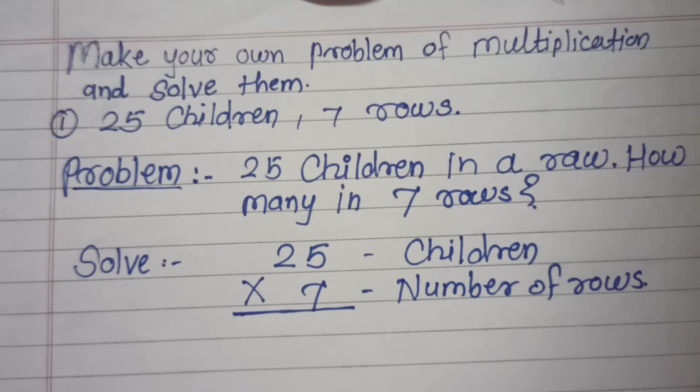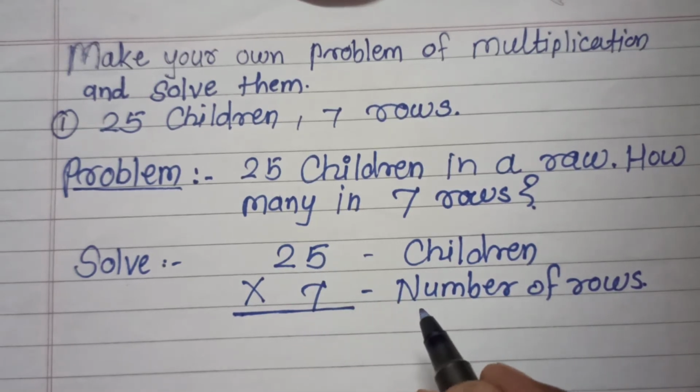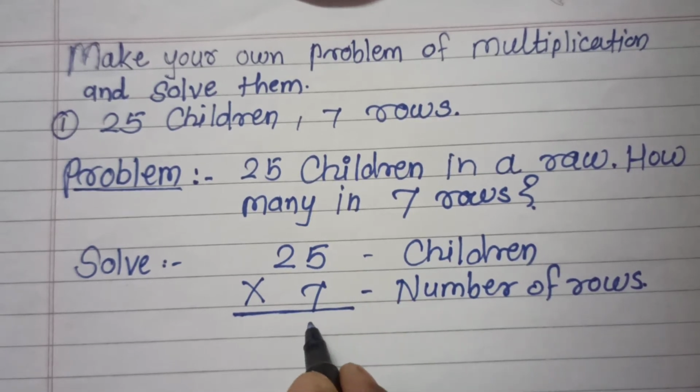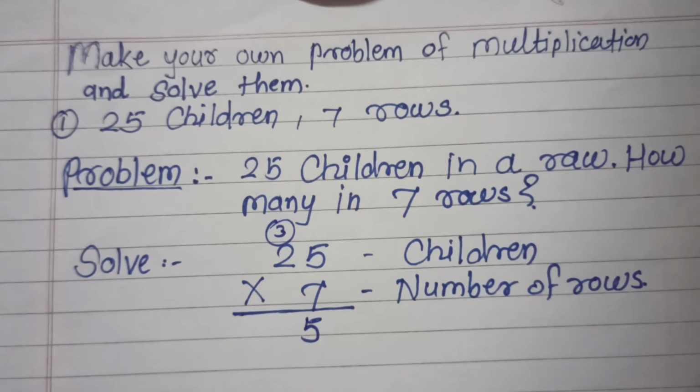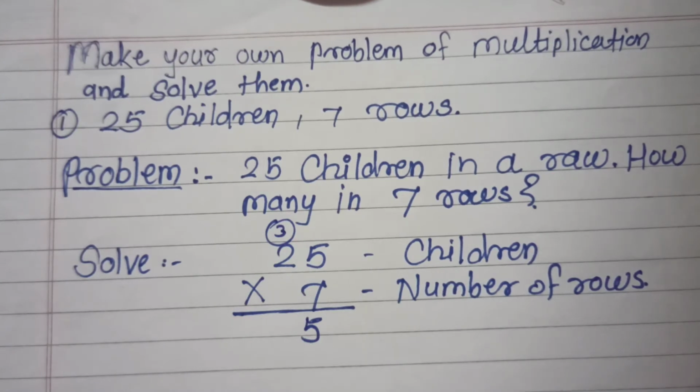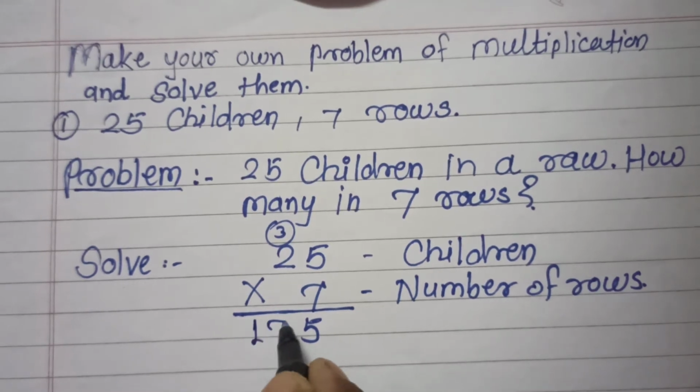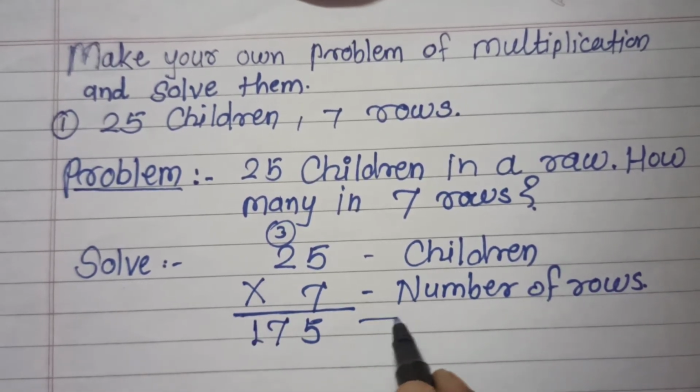Tell me, students, 7 5s or 5 7s. 35. We write 5 under the ones column and 3 is carried over. Then 7 2s or 2 7s, 14 plus 3 is 17. Okay, the total children.